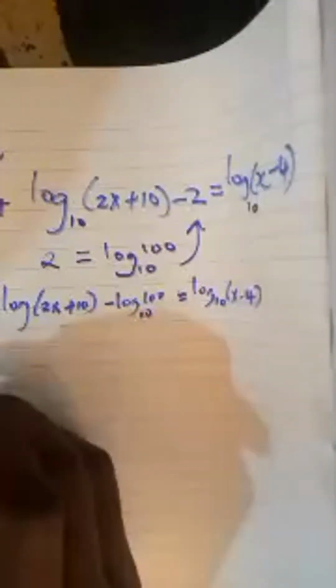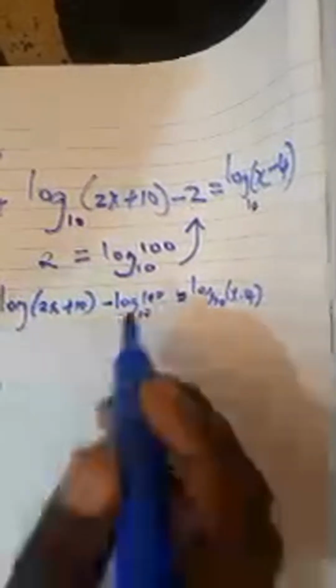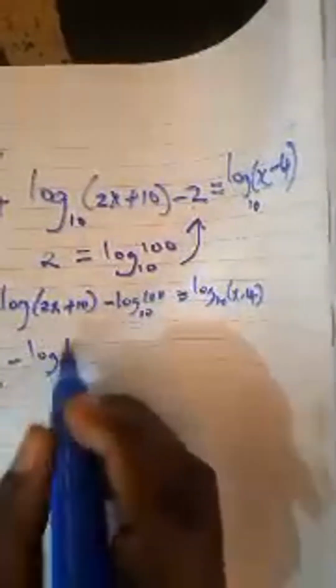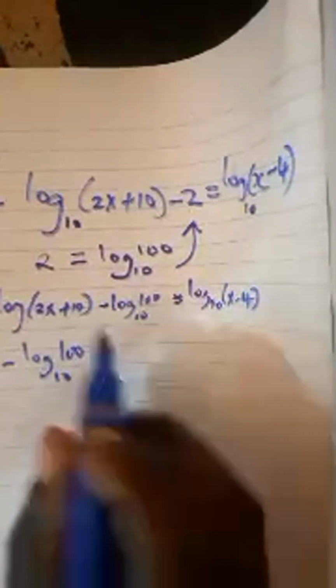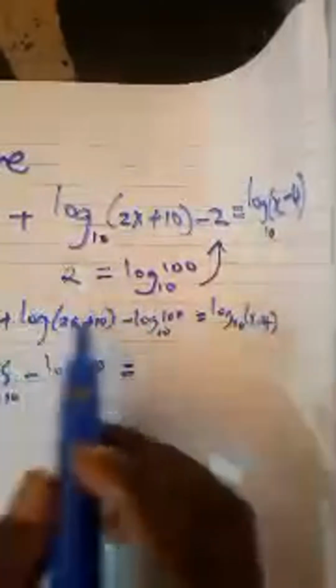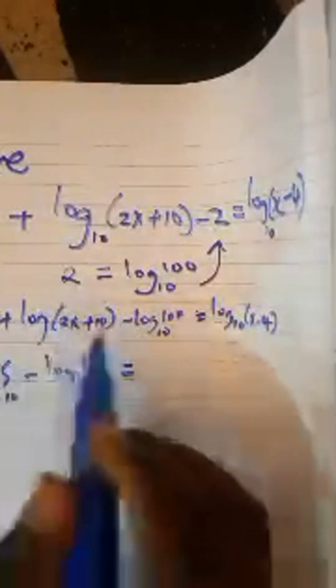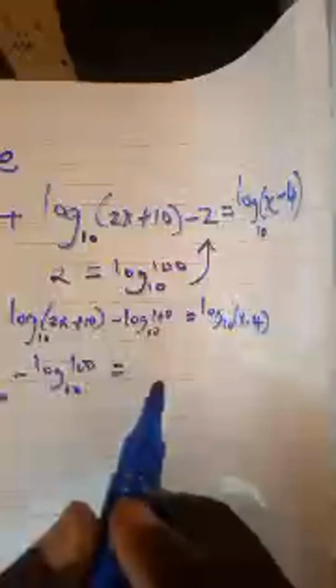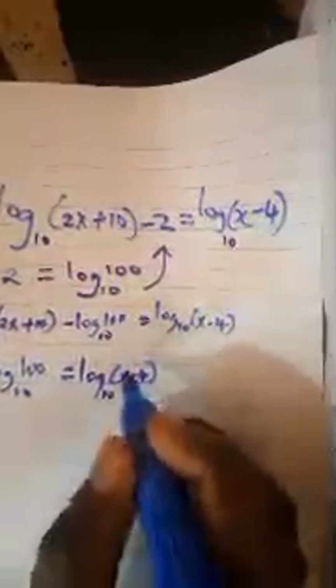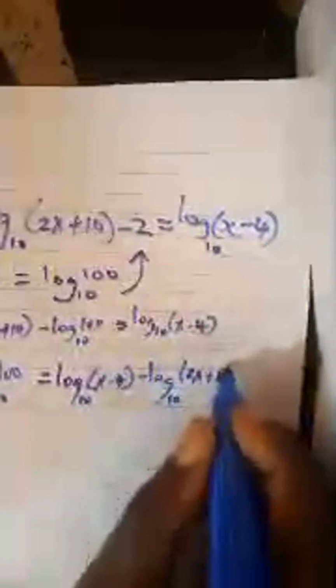So log 5 base 10 minus log 100 base 10 should be equal to, if I take this on the other side, log base 10 (x minus 4) minus log base 10 (2x plus 10).